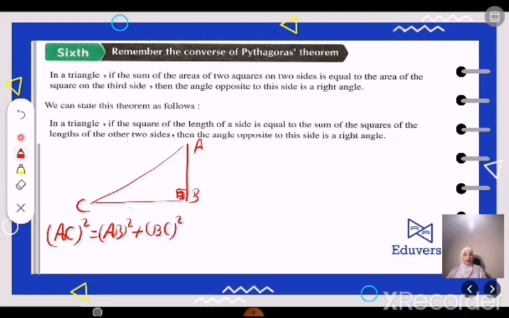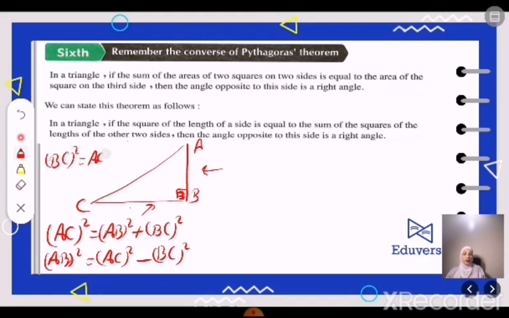If I want to get either of the two sides of the right angle, AB to the power of 2 will be AC, the hypotenuse, squared minus the other side, BC, to the power of 2. And of course, BC to the power of 2 will also be the hypotenuse squared minus the other side squared. This is Pythagoras theorem.